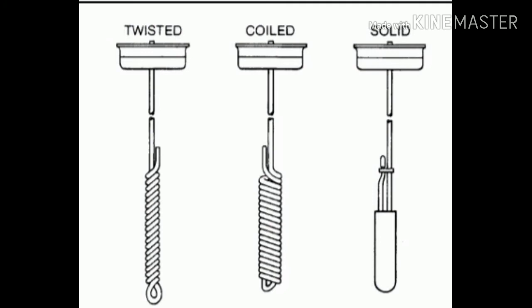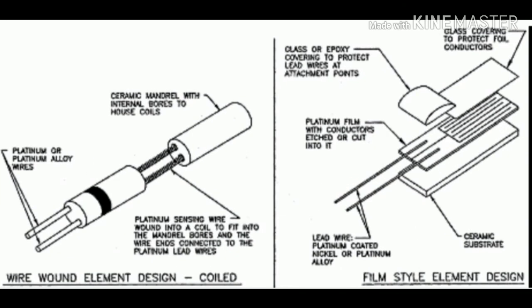Most modern installations use the support tube concept of mounting sensing elements for better maintainability as well as increased reliability. The sensing element is attached to a stainless steel tube by closely spaced clamps and bushings, where it is supported from vibration damage and protected from pinching and excessive bending.